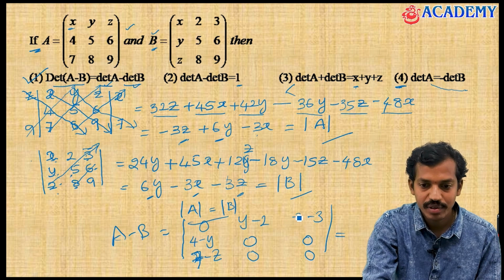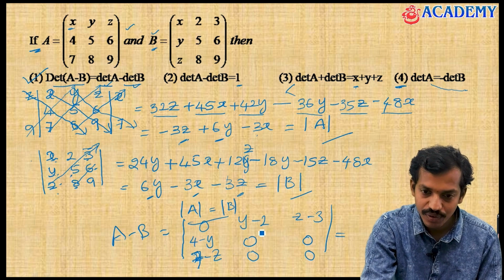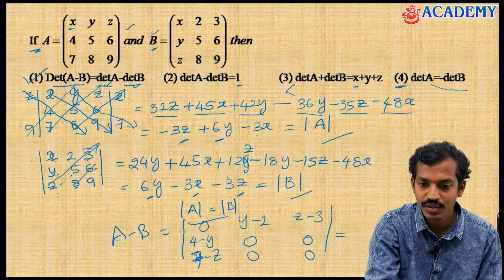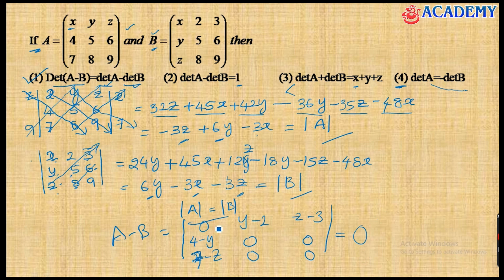If you find the determinant of this, the diagonal elements are 0, so indirectly it is 0. The first term is z minus 3 into 4 minus y into 0, which is 0. Next, 0 into 0 into 0 is 0. Y minus 2 into 0 into 7 minus z is also 0. You will always get zeros, so the answer is going to be 0.